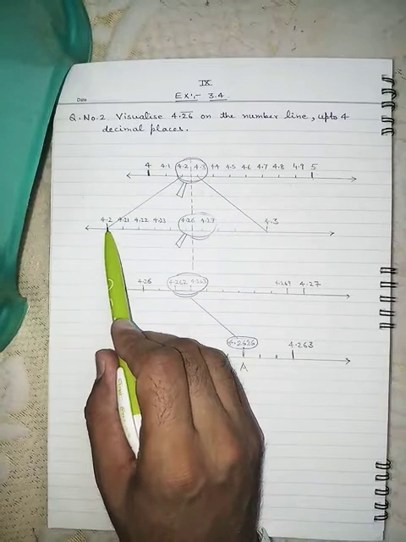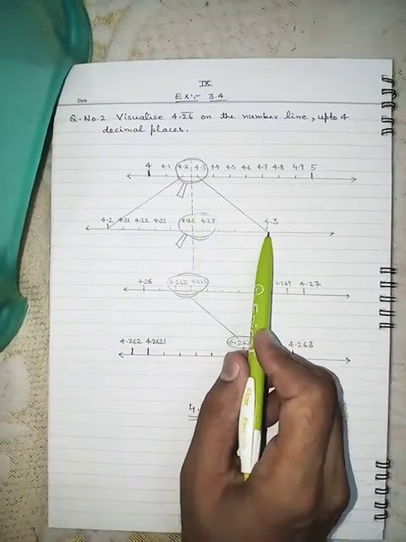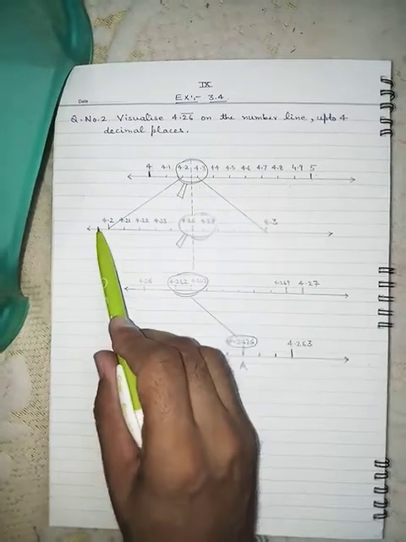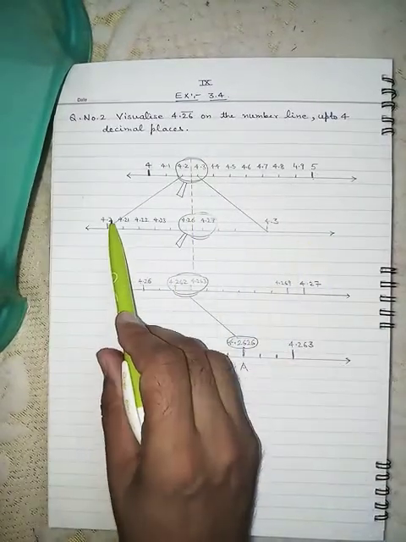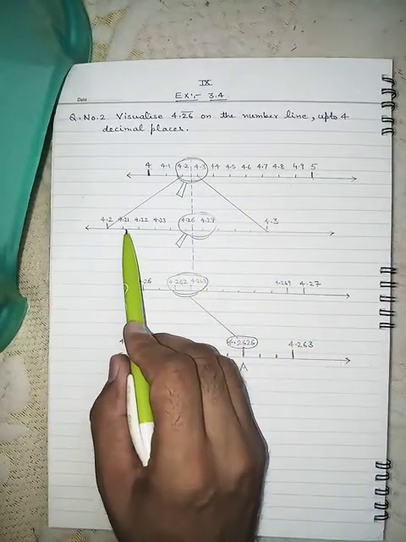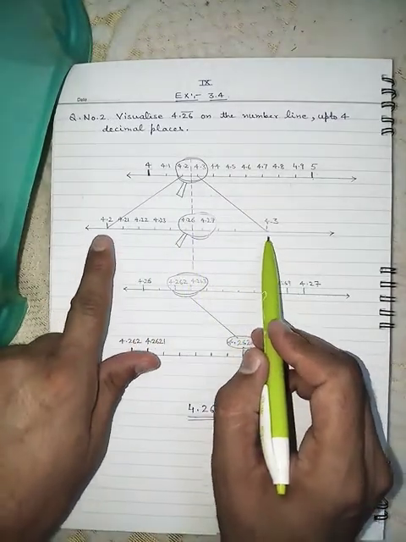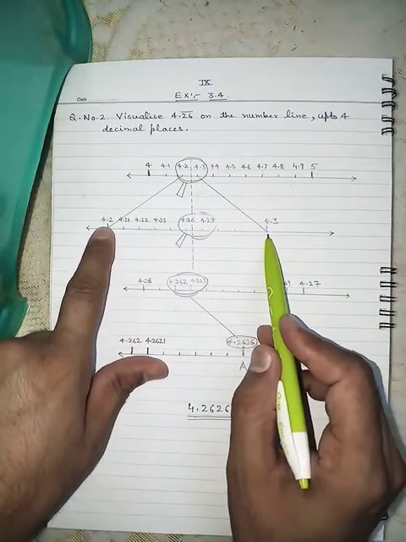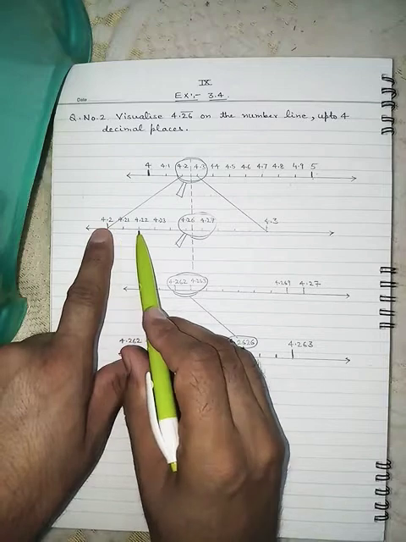Make these the end positions: place these 4.2 and 4.3 on another number line at the end positions. After this, again divide this number line between 4.2 and 4.3 into 10 equal intervals.